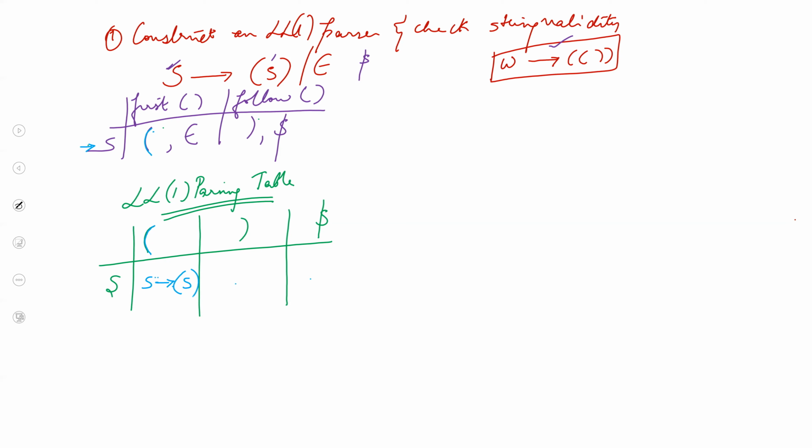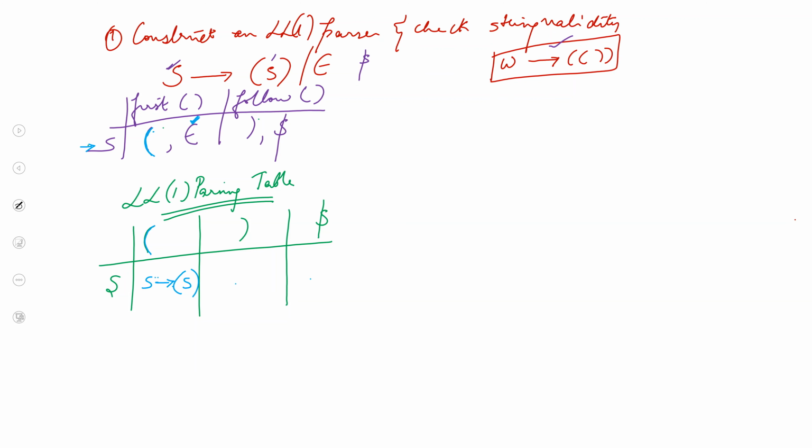Or in other words, if you look over here, in the first, you have an opening bracket. So under the opening bracket, you write the actual rule, S is equal to S. Now, together with the first, you even have an epsilon. But as you know, in your parsing table, you cannot write epsilon.